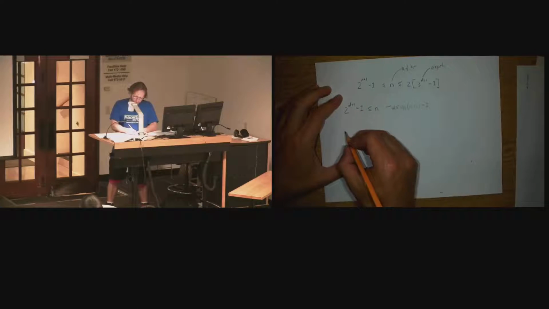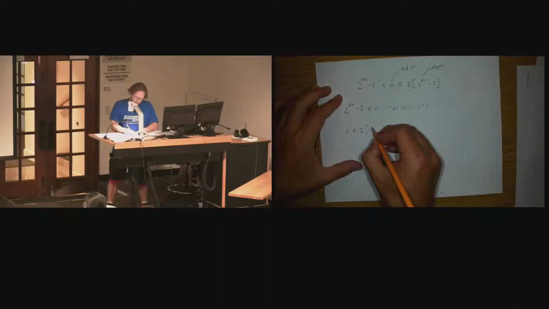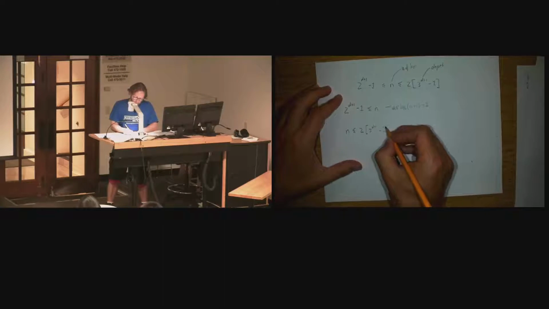I just have to think about that for a second. Yeah, because d was over here. There we go. We're good. All right. And then what about this one? n is less than or equal to 2 times 3 to the d plus 1 minus 1.